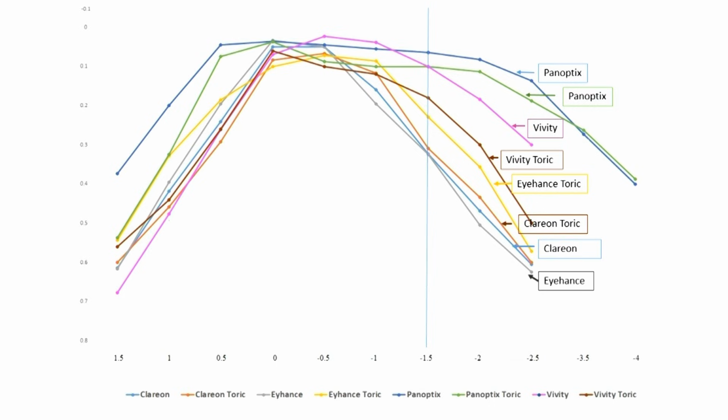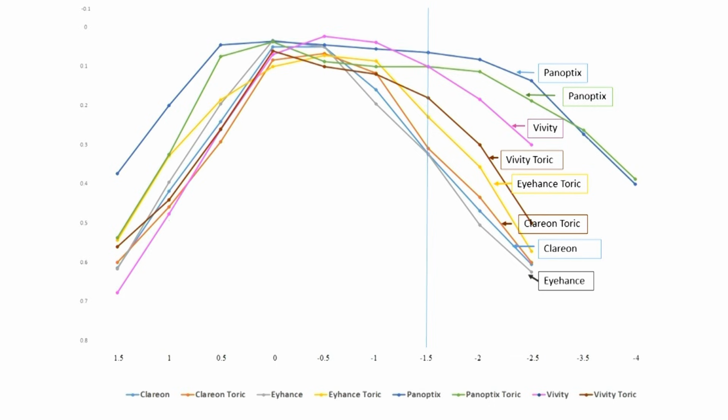The third way of interpreting this graph is to calculate the area under the curve. So if you take 0.2 and calculate this entire area, that's another way of interpreting the defocus curve. So defocus curves give us a lot of information about the true performance of a lens at different distances.